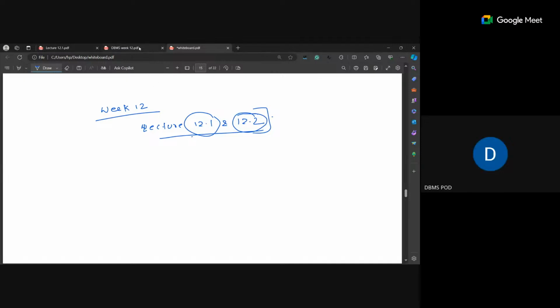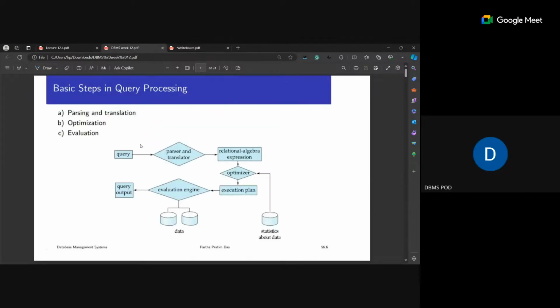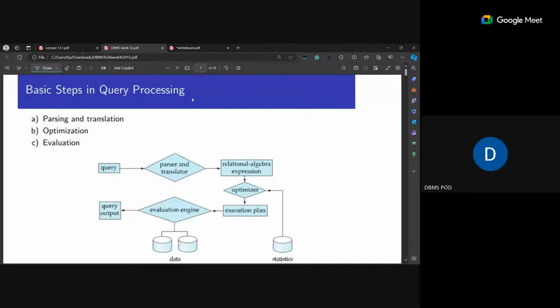Okay. So first we'll see the basic steps in query processing, right? There are three steps. First is parsing and translation, then second is optimization, and third is evaluation. So what do parsing and translation do? Parsing checks the syntax and semantics of the query.